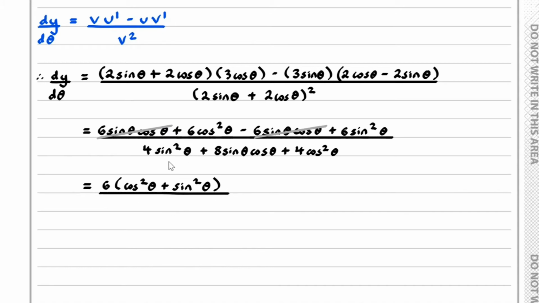And along the bottom, if I factorise out the 4 from the sin squared and the cos squared, I've got 4 times by sin squared theta plus cos squared theta, and then I add on to this 8 sin theta cos theta.